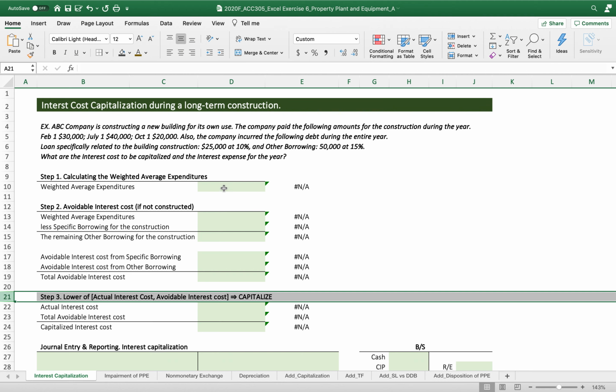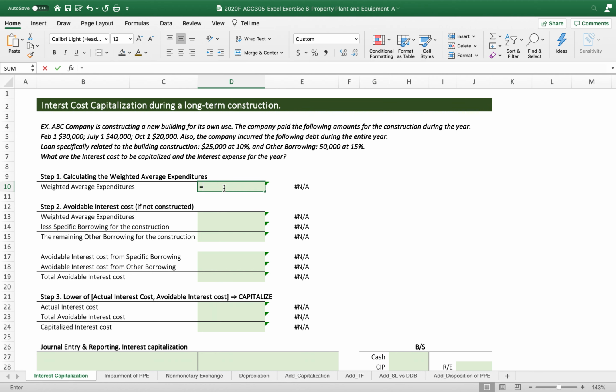Calculating the weighted average expenditures. As I mentioned earlier, these $30,000, $40,000, $20,000 expenditures were paid by the company at different times throughout the year.